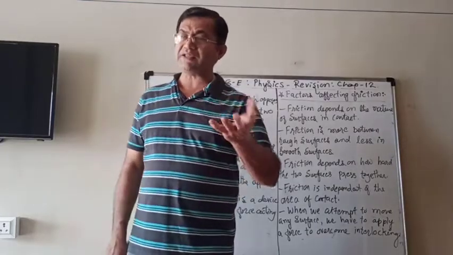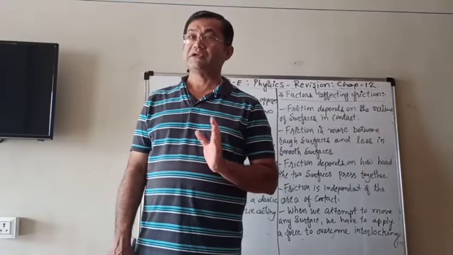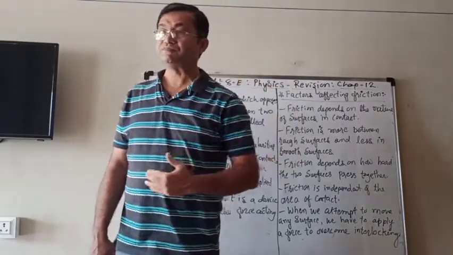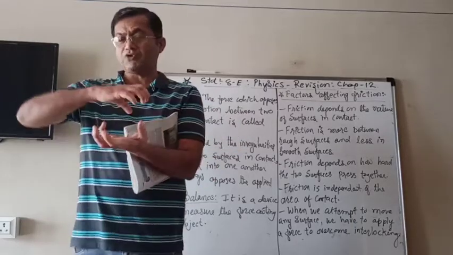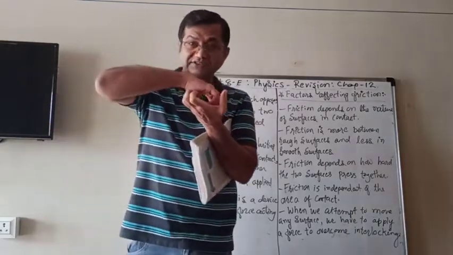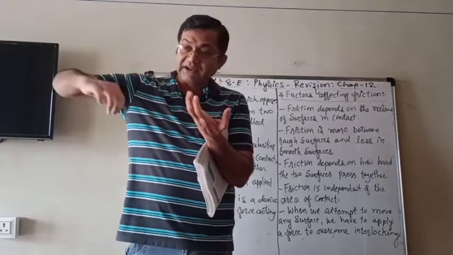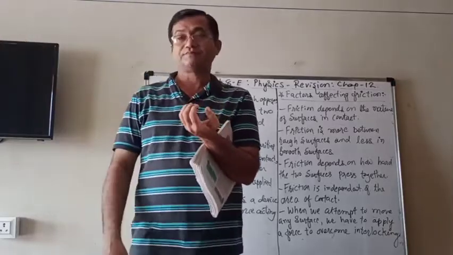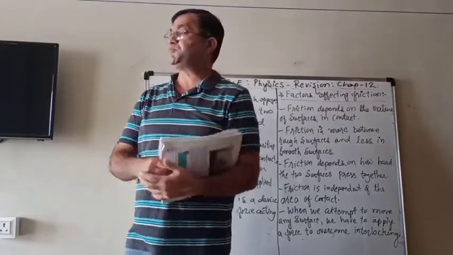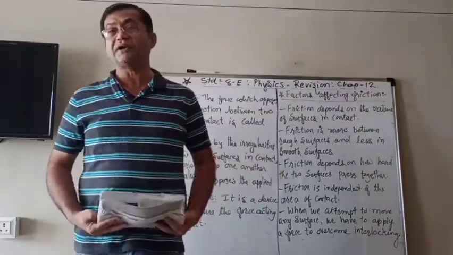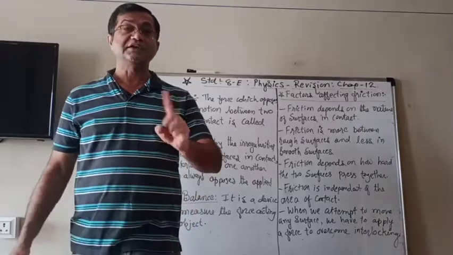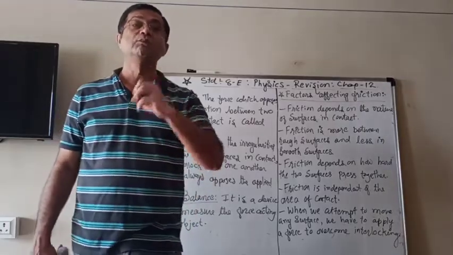So when we apply force, it must overcome that interlocking. If you apply force such that this interlocking is overcome, then it can move. When it is pressed harder, the interlocking is also harder, and therefore it is not easy to move that object.